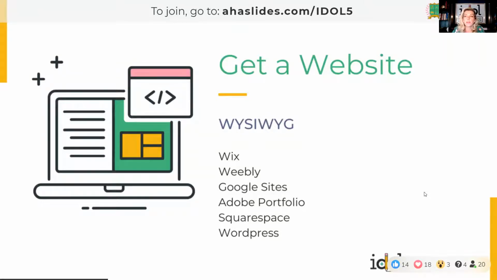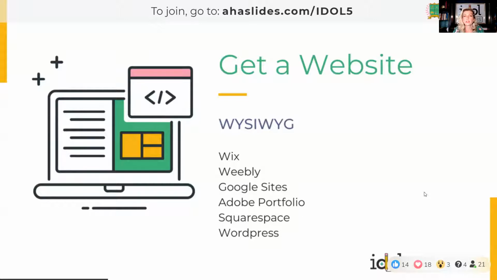Most things you build online are WYSIWYGs, where it's pretty easy to use. You just drag files up there. You click on the buttons that say exactly what they do. And that's exactly how a lot of website builders are today. You don't need to know any code. It's free. You just need maybe a few little tutorials, but a lot of it you can probably figure out just by clicking around in there.